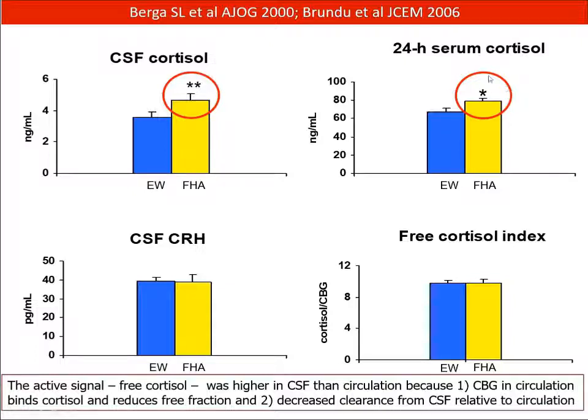The circulating cortisol level is roughly a 20% increase over that of eumenorrheic women. But of note, there's a more dramatic increase in the CSF cortisol. Interestingly enough, as with thyroid, instead of there being an elevation or a decrease in CRH in one relative to the other, they're actually the same.